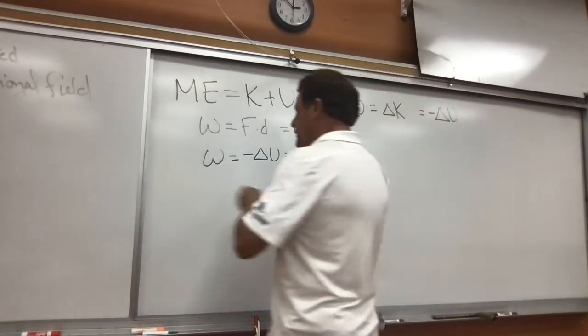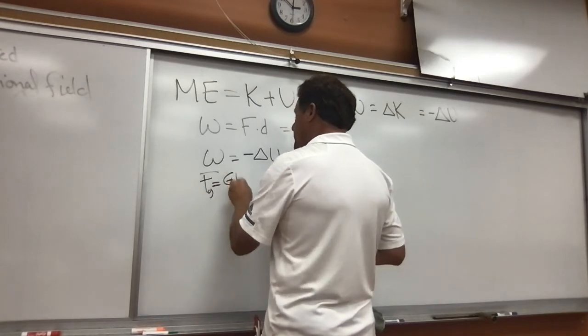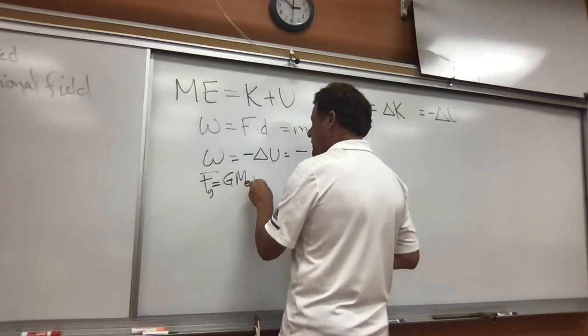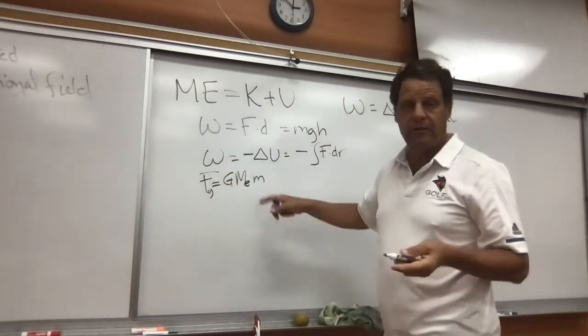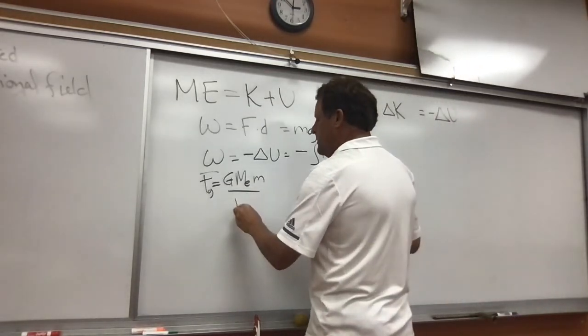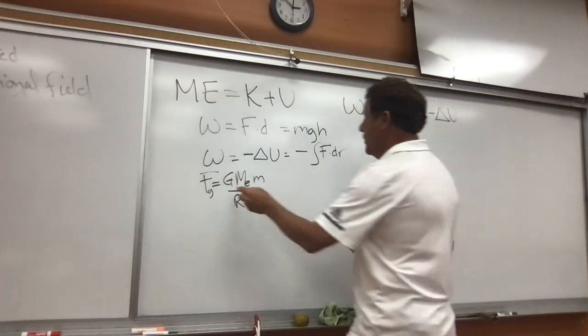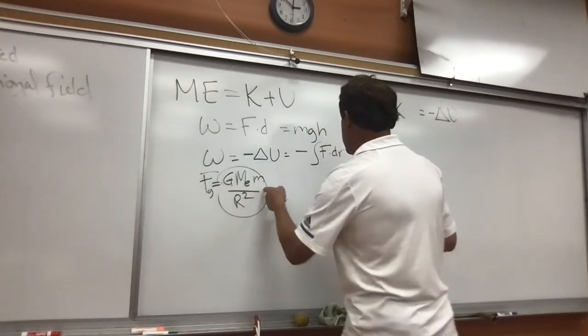The force of gravity is equal to big G, mass of the Earth, times any other mass, let's say 1 kilogram, divided by r squared. So now we're going to put in this force.